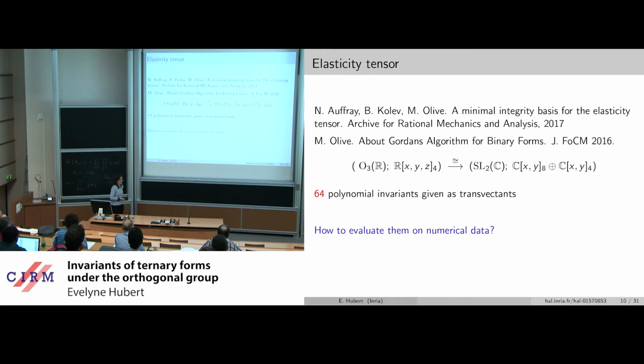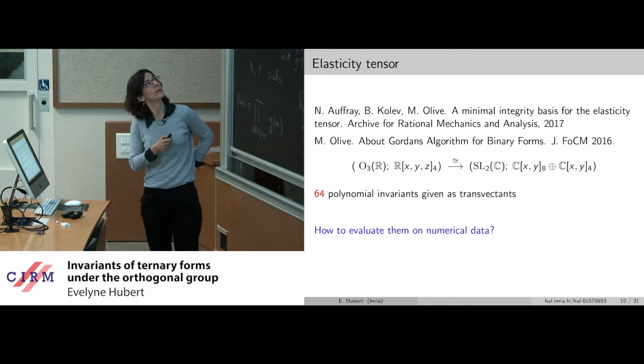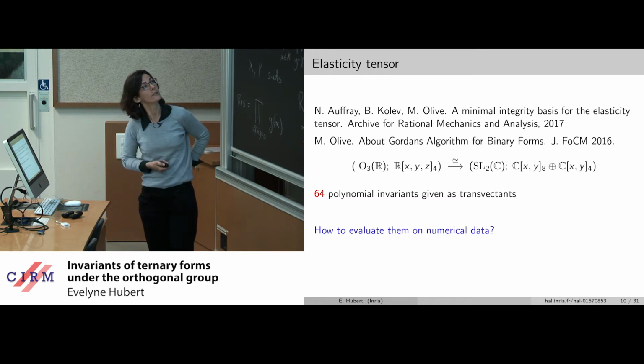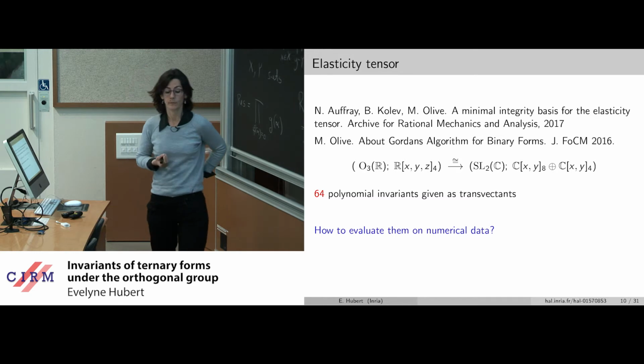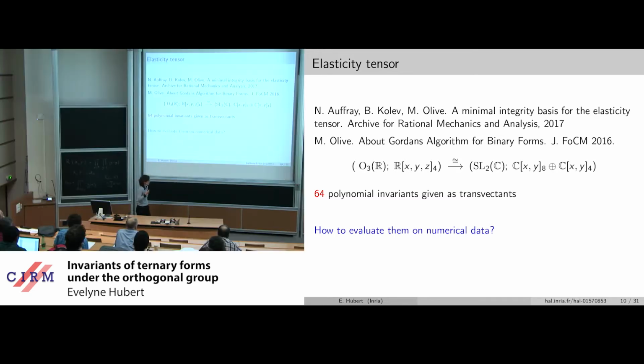On Saturday, we'll have two talks on a related group action by Boris Kolev and Mark Olive. From their results, you can actually show that if you look only for polynomial invariants as a generating set, you will need 64 polynomial invariants.